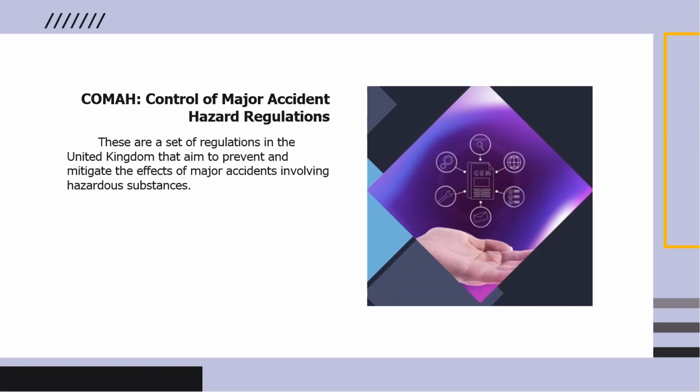Next is COMAH, Control of Major Accident Hazard Regulation. These are a set of regulations in the United Kingdom that aim to prevent and mitigate the effects of major accidents involving hazardous substances. So there are various chemicals that are being used, for example, in the oil and gas industry.